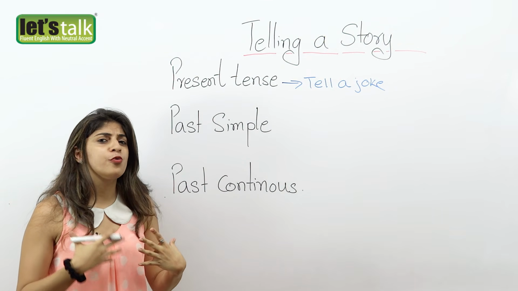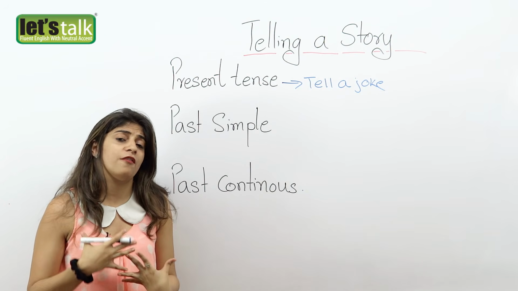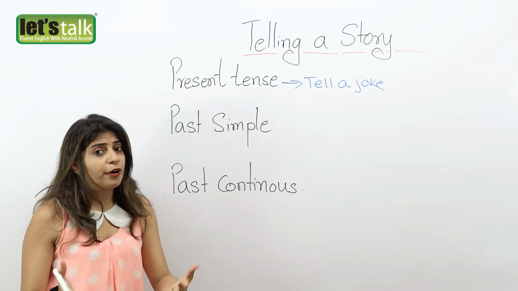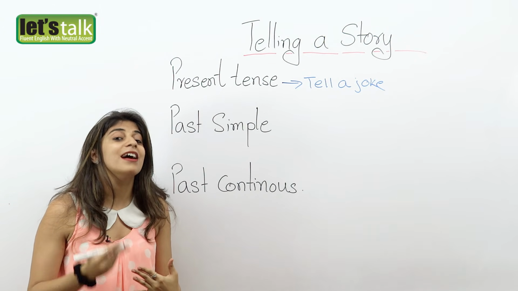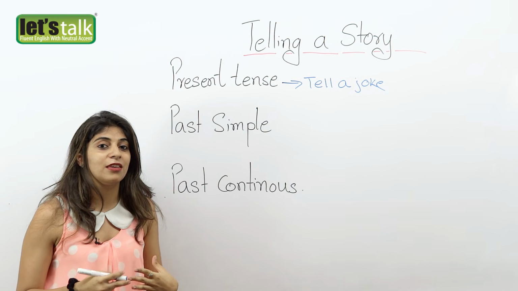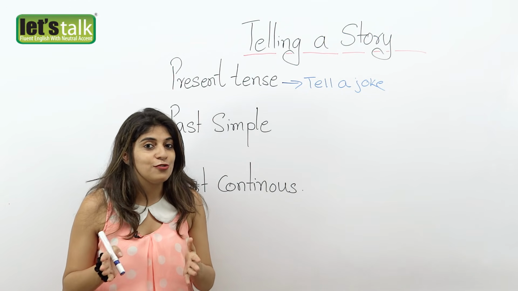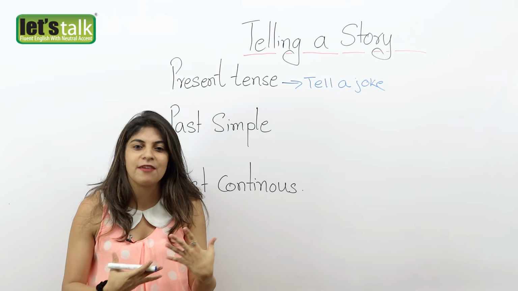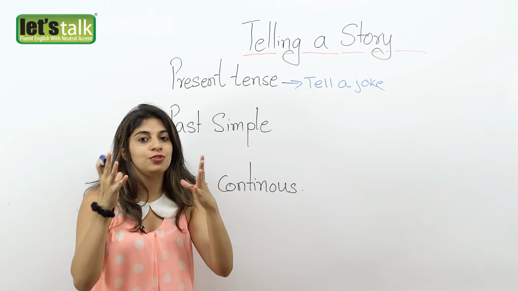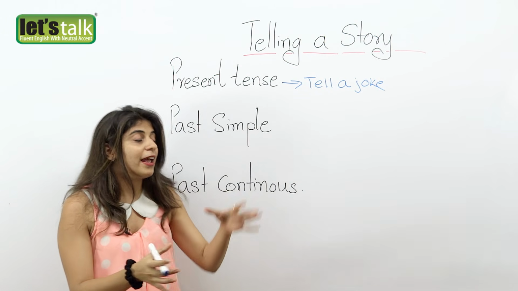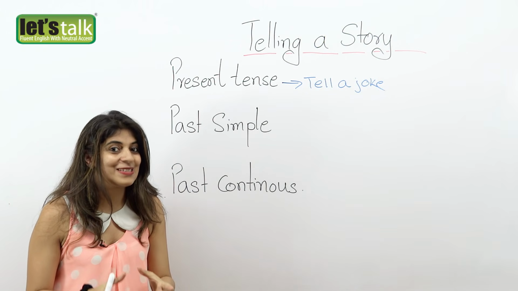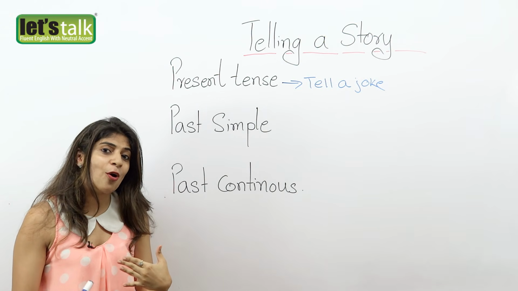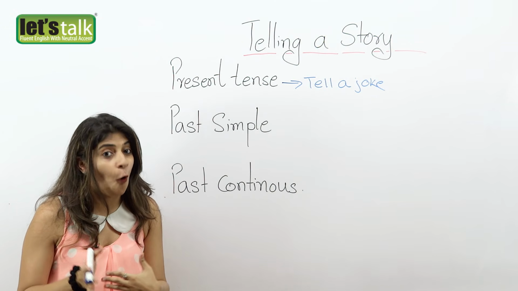Also, when you want to give a very dramatic or narrative effect, you use the present tense. For example, if you are describing a scene from a movie, you can say, she walks into the room and the door behind her shuts. I'm giving a very dramatic effect to this story, and that's why I'm using the present tense. But as I said, usually when we tell stories, we use the past forms.